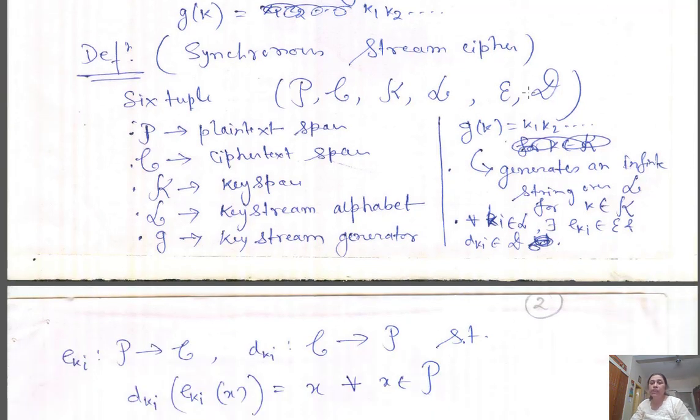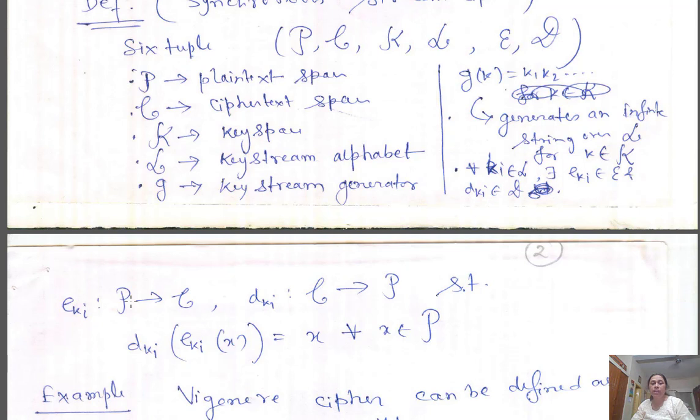And as usual, for every key stream digit ki belonging to L, there exists an encryption rule EKi belonging to E, and the corresponding matching decryption rule DKi belonging to D, such that this condition holds.